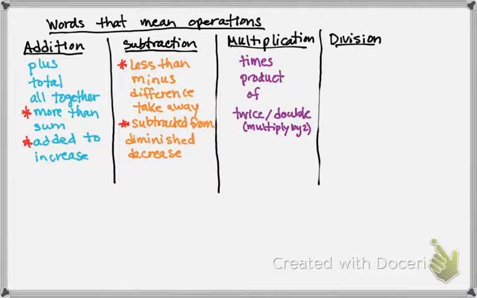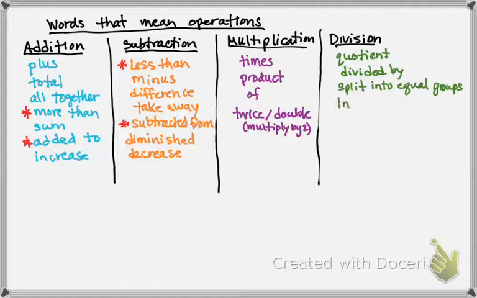All right, let's talk about division last. And division, the answer to a division problem is a quotient. That's a word you'll hear very often. Divided by, I think that one's pretty obvious. Split into equal groups. Yeah, that idea of grouping equally. In each group. So that, again, group, dealing with putting together.